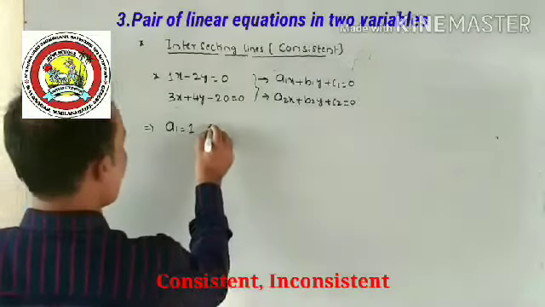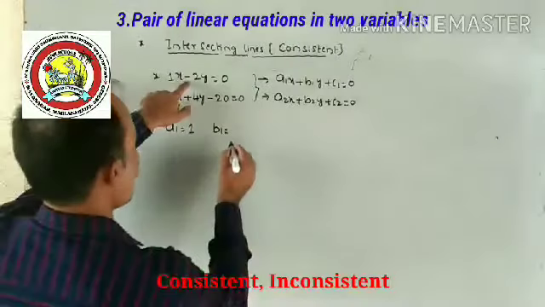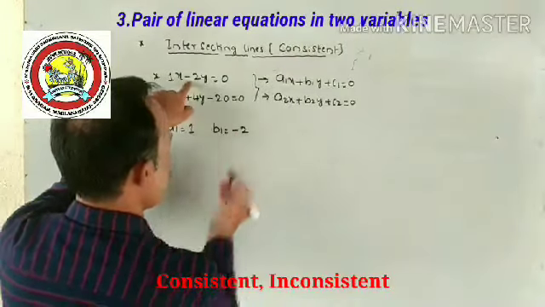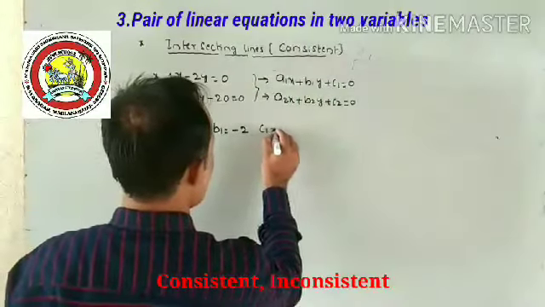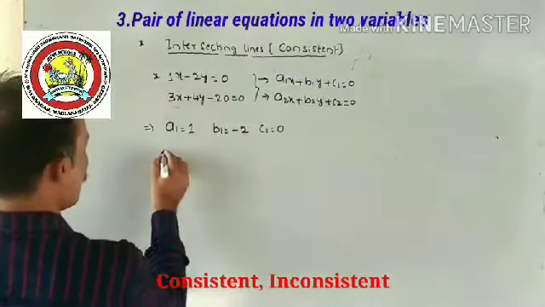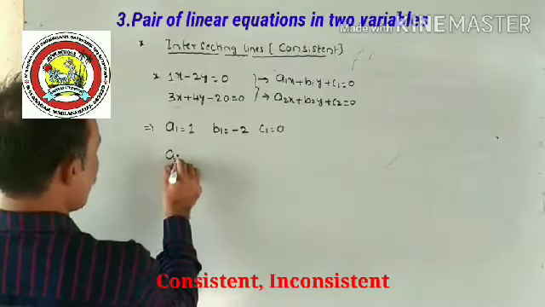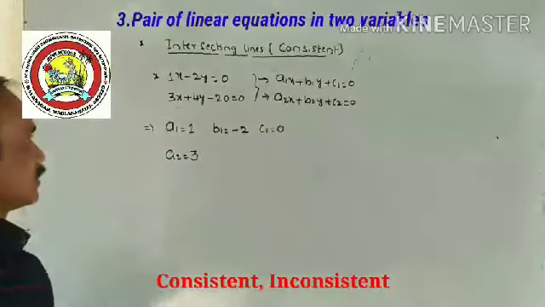What is the value of b1? b1 is the coefficient of y, that is minus 2. What is the value of c1? c1 is not there here, so taking it as 0. Next, compare the second equation. What is the value of a2? That is also the coefficient of x in the second equation, that is 3.